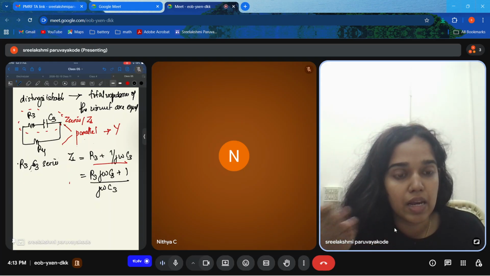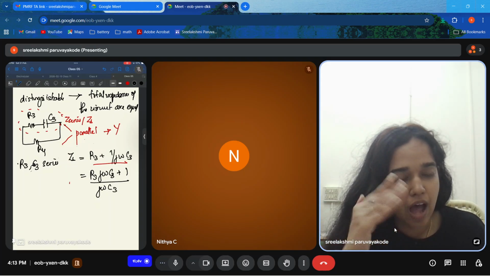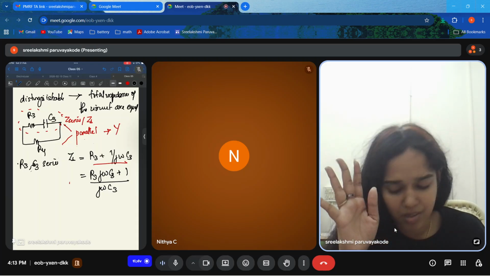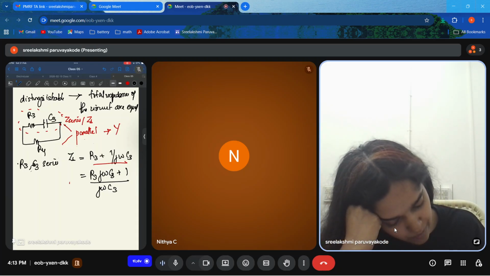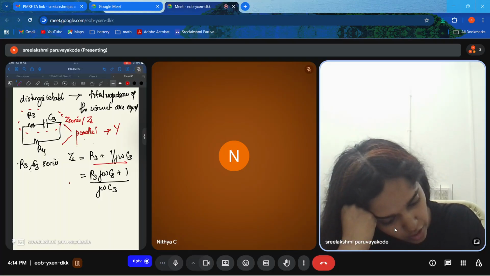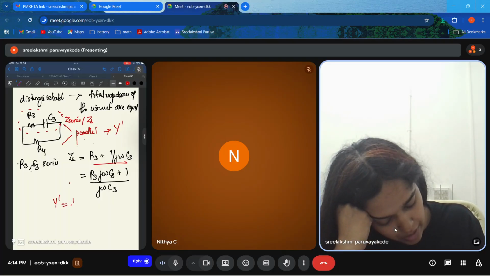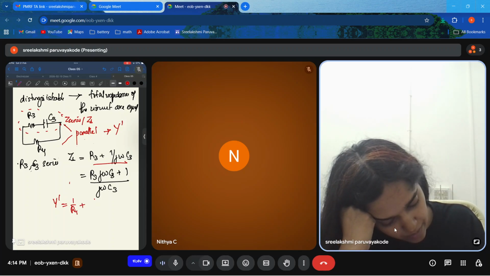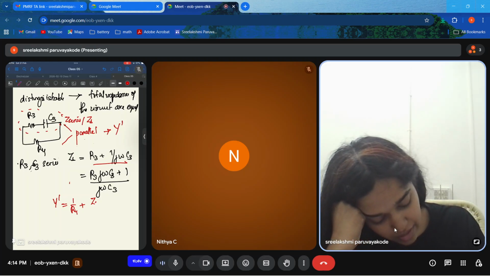When they're in parallel, I can either add up simply using admittance mode, or I can simply take the parallel as we do in the impedance mode. I'm simply writing Y dash. Y dash becomes 1 by R4 plus 1 by ZS, not Z, as YS.